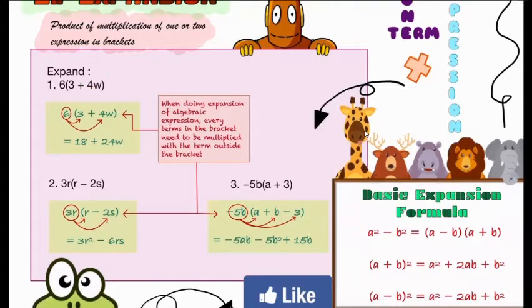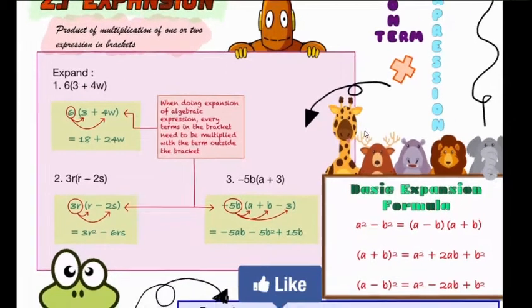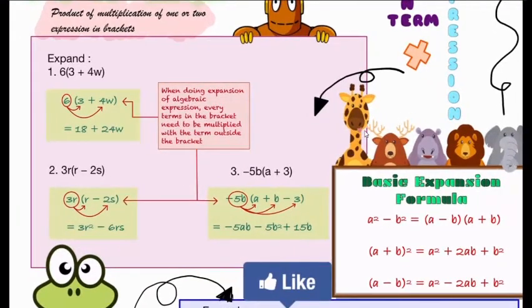In doing expansion, every term in the bracket needs to be multiplied with the term outside the bracket, which is 6.